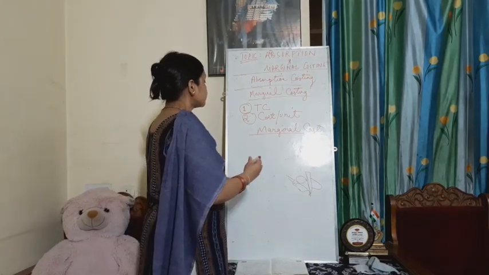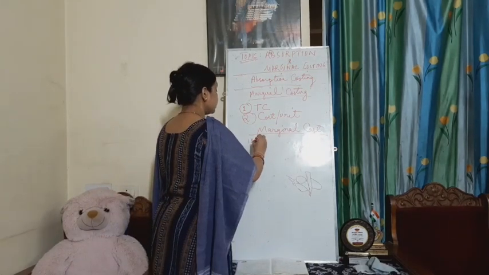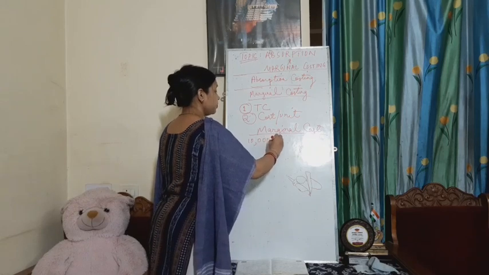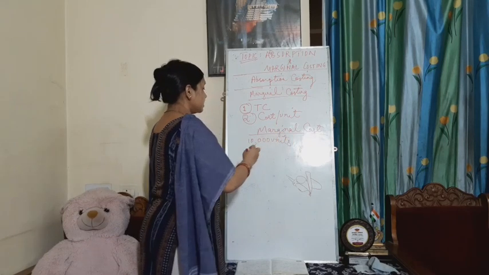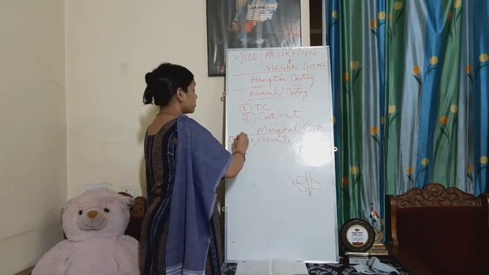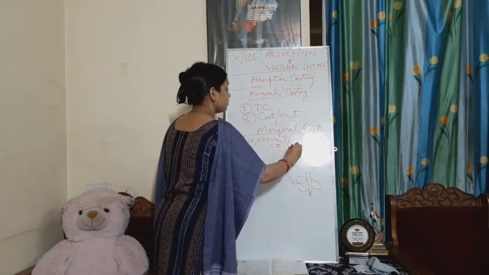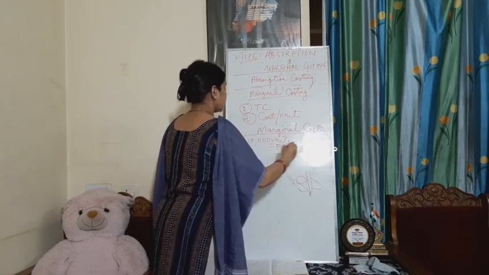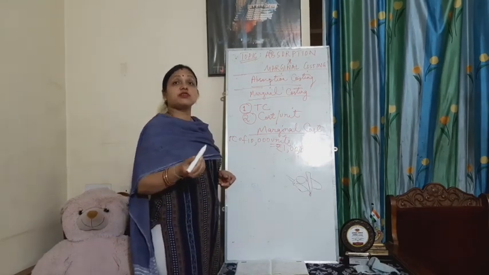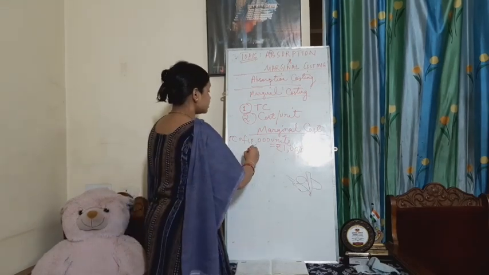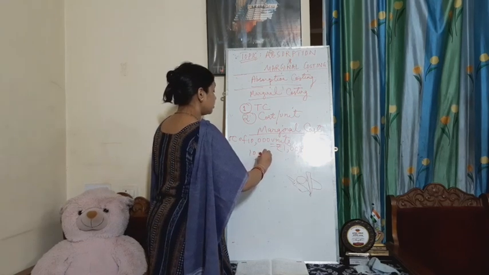Suppose a firm is currently producing 10,000 units. Let us say the total cost of producing 10,000 units comes to rupees 1 lakh. Suppose the firm tries to increase its production and now produces 10,100 units.